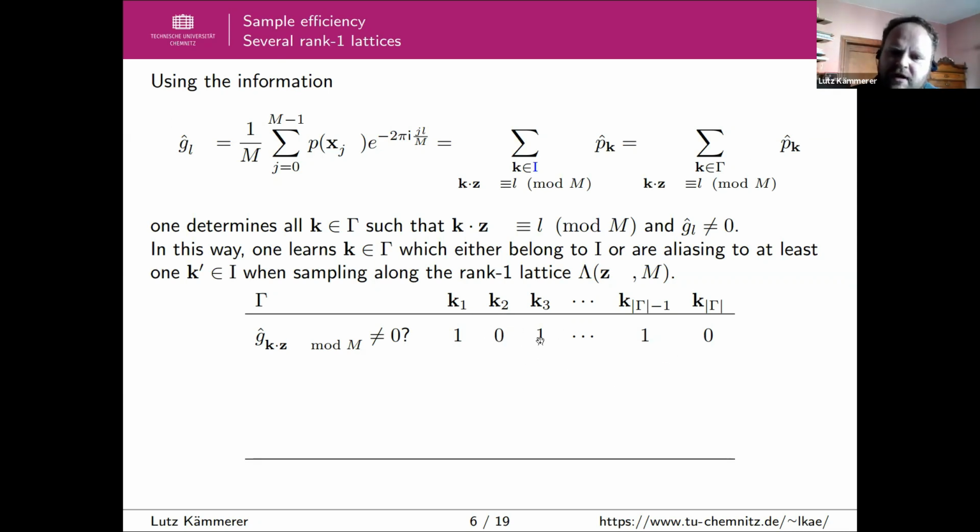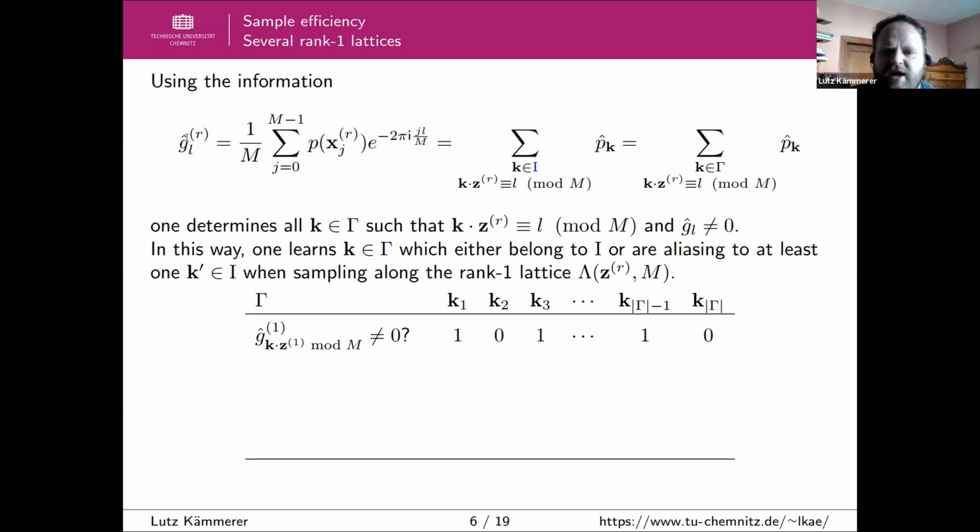Now you know somehow some estimate, and what you do is the following: you use several of these things, which means that you shoot several directions in your space. You take several integer vectors in order to construct different rank 1 lattices, and for each rank 1 lattice you do the same.